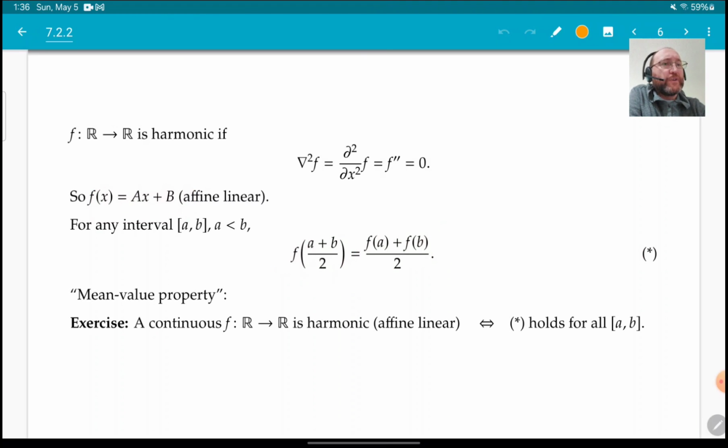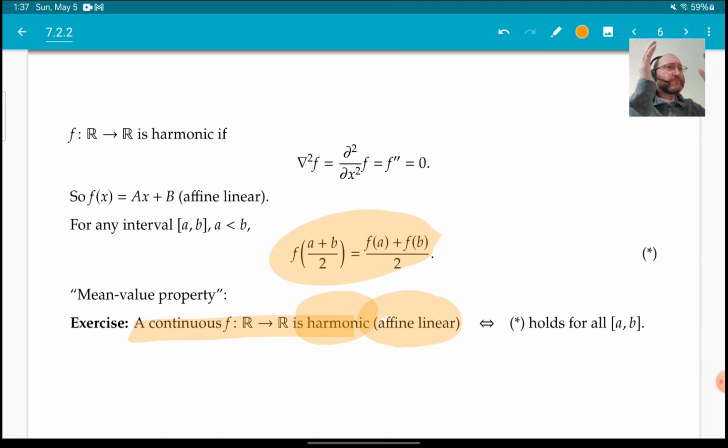Now, what you can actually prove is that this actually characterizes the affine linear functions, the harmonic functions. It's an exercise that if you start with a continuous function f, it is harmonic, meaning affine linear, if and only if this thing holds for all intervals. So you can make it into the property that defines what harmonic functions are.